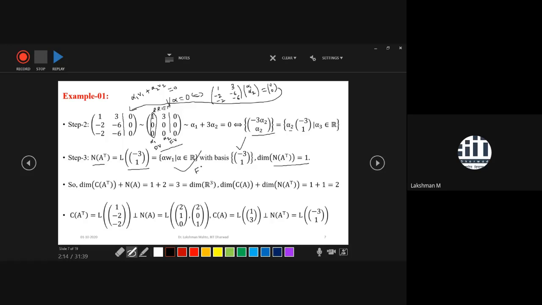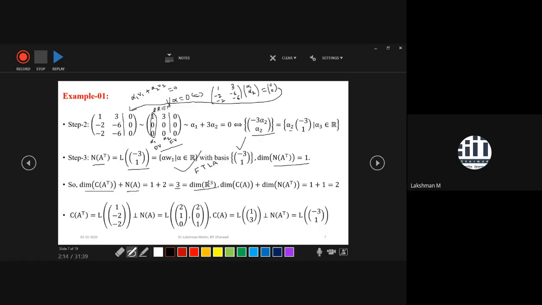Now, after all these calculations of the four fundamental subspaces, we will talk about the fundamental theorem of linear algebra. In the first part of the fundamental theorem, we are talking about the Sylvester law. You can easily see that the dimension of the row space of A was 1, and the dimension of the null space of A was 2. So 1 plus 2 equals 3, and 3 is the dimension of the domain space.